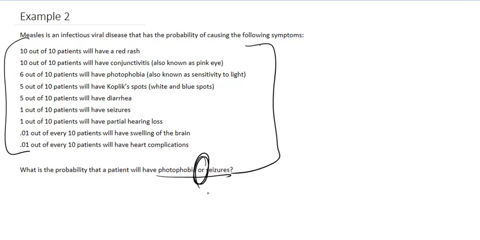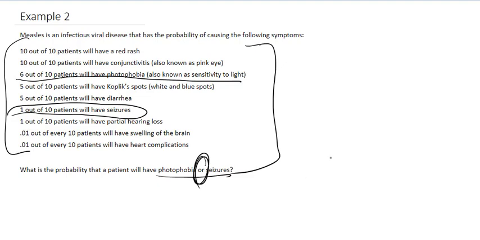So let's look for photophobia in all these things, which is right here. For 6 out of 10, the patients will have photophobia. Then we look for seizures, which shows 1 out of 10. So we will add these 2 numbers together.